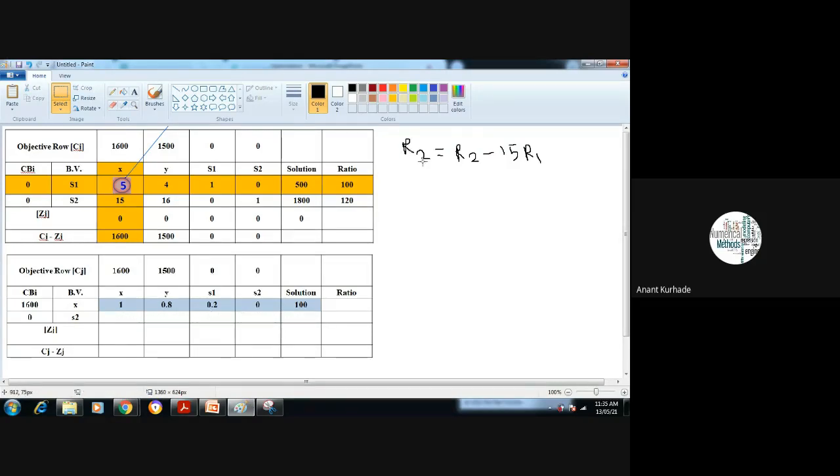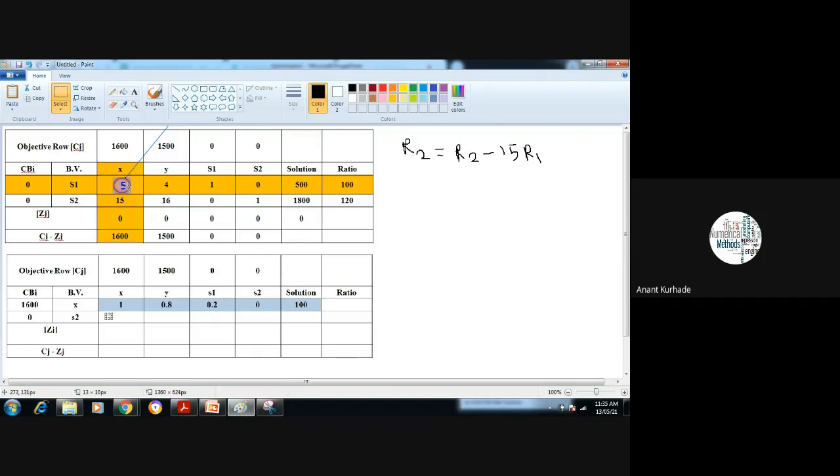In simple words, new value is equal to old value minus something. The 15 here is the first value we are changing, so I have written 15 minus R1. Minus R1 means what? It is 5.